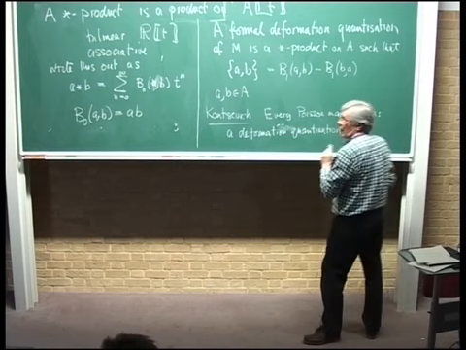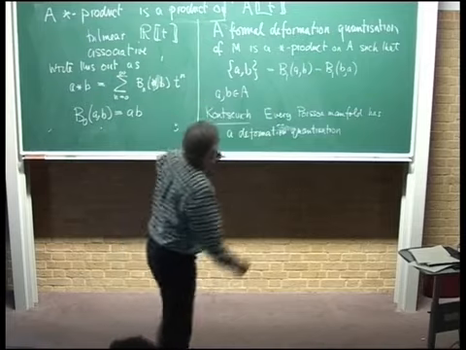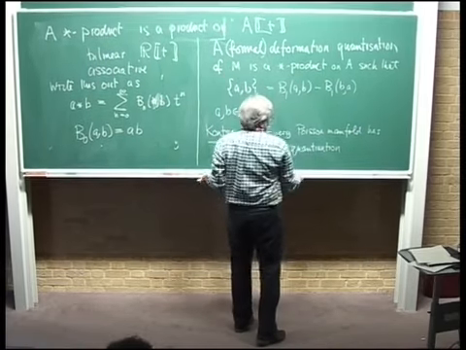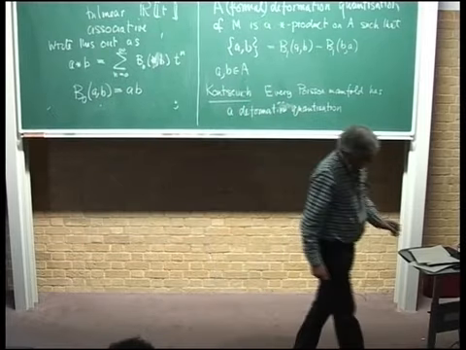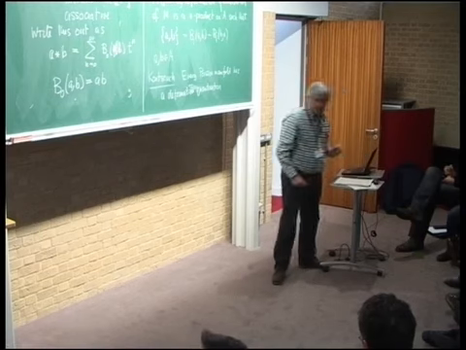I've dropped the word formal out of this now, right? But it is formal. Let me put that word formal in brackets. So every Poisson manifold actually has such a formal deformation.